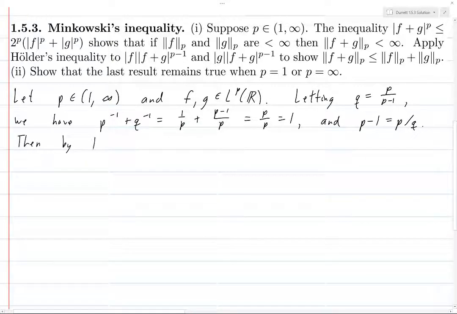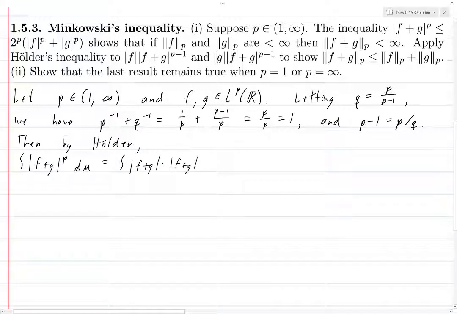Then by Holder's inequality, we have the integral of |f plus g|^p d mu. What we can do is factor out one factor of |f plus g|, because p is strictly greater than 1. So we'll have the integral of |f plus g| times |f plus g|^(p minus 1) d mu.